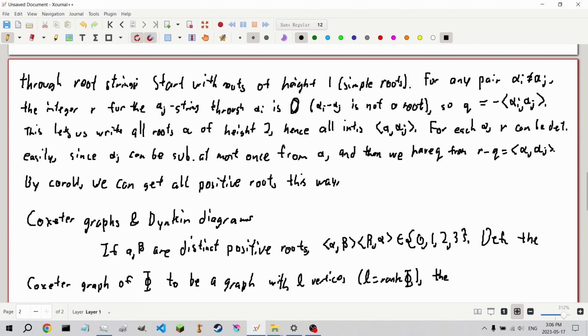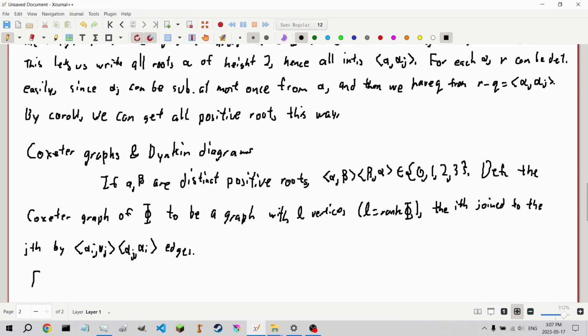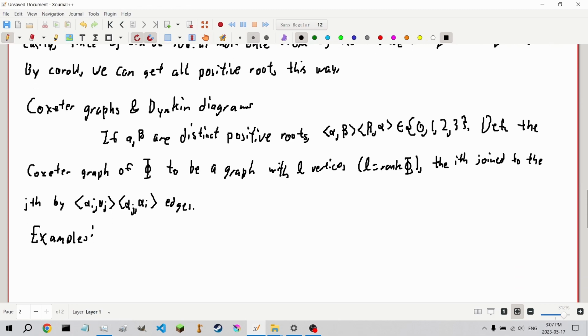With the ith vertex joined to the jth vertex, for distinct i and j, by the angle bracket of alpha i on alpha j times alpha j on alpha i edges.